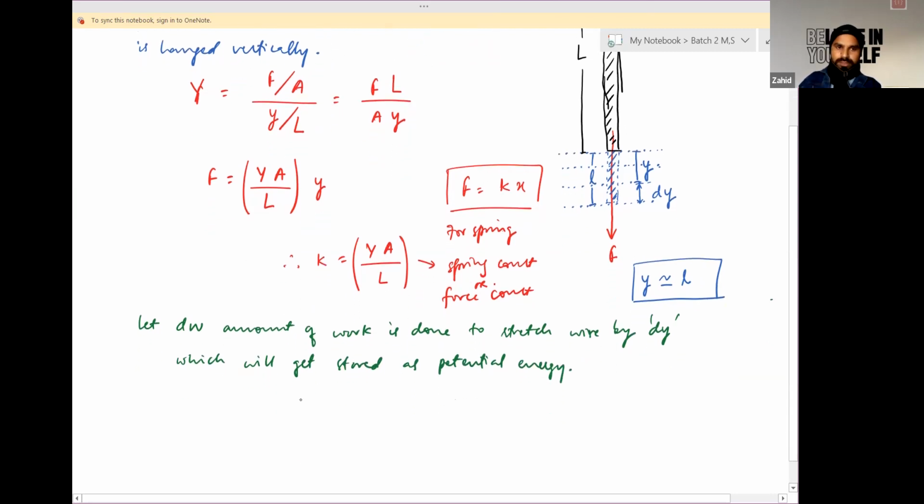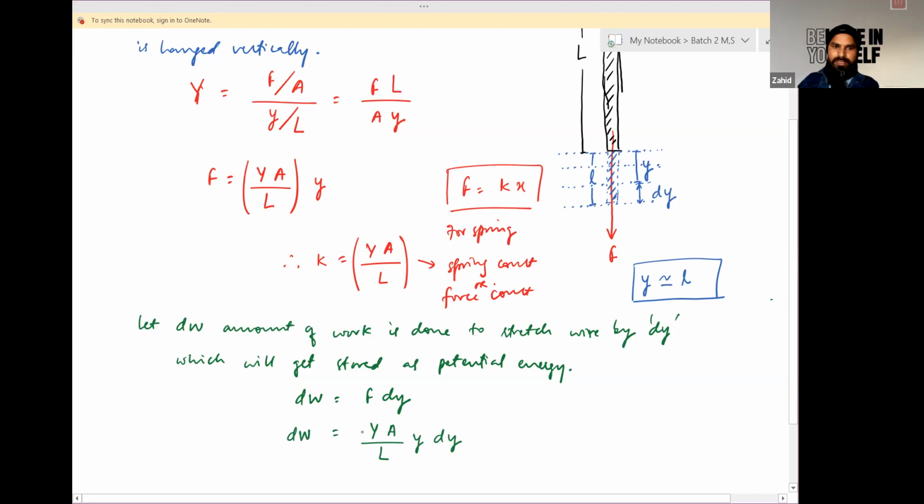So work done equals force times displacement. Put the value of force from the above part, it will be YA divided by L into small y times dy equals work done.